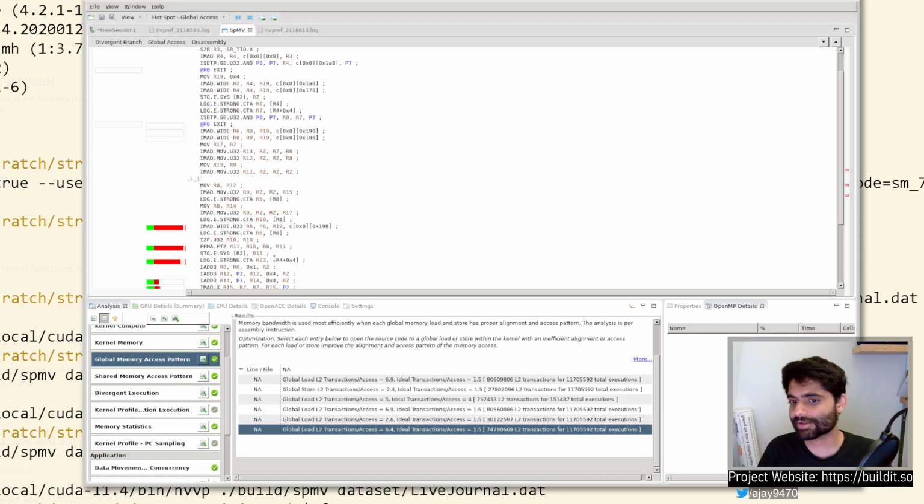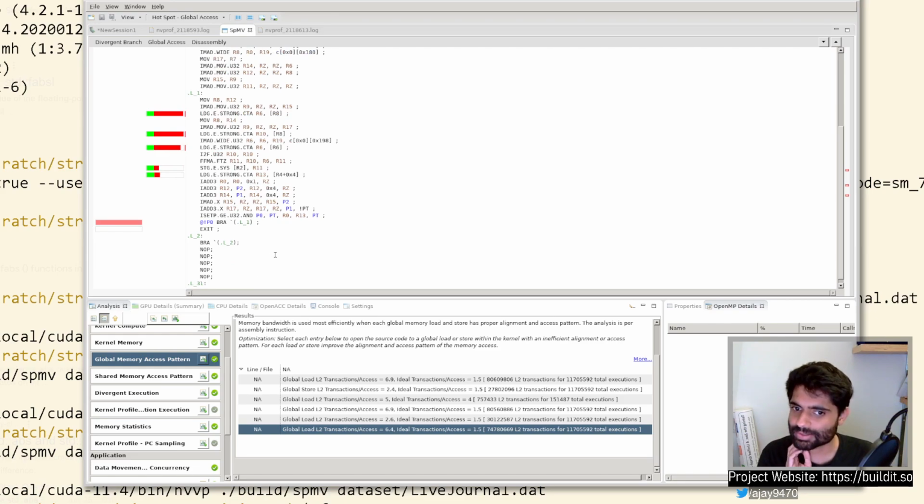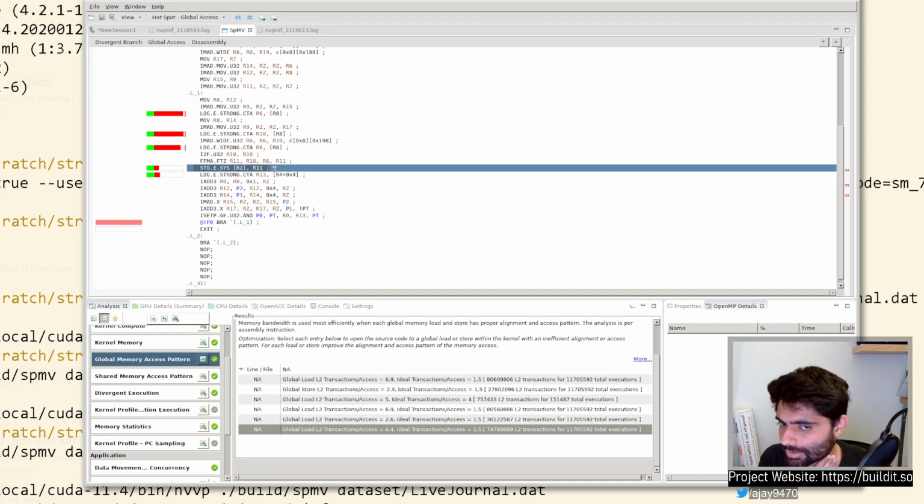When we are loading the data for each edge, as we go through the non-zeros in the matrix, we are loading those values and those column indices, and then using those column indices to access into the vector for the store and the load, and that is where the performance is actually very bad. There is a load here and a store here. These two are pretty bad, so we would have to fix these.